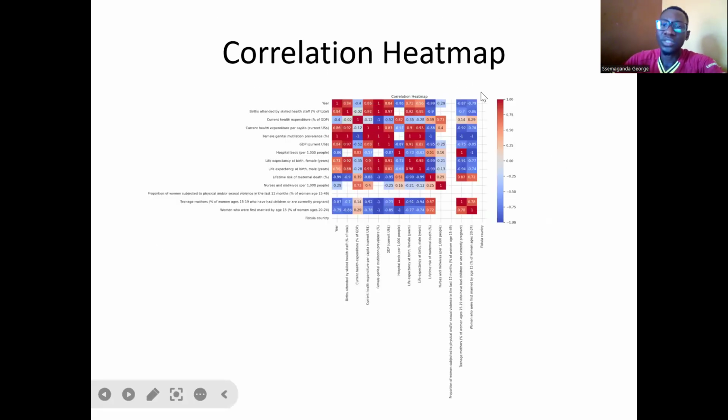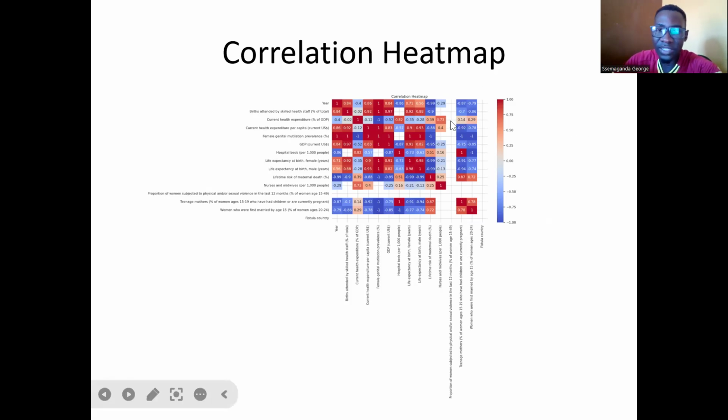So here, I'll just look at the correlation heat map that is basically showing all the categorical features and trying to compare them. So one still represents a high positive correlation between the two given features, and blue represents a relative correlation.